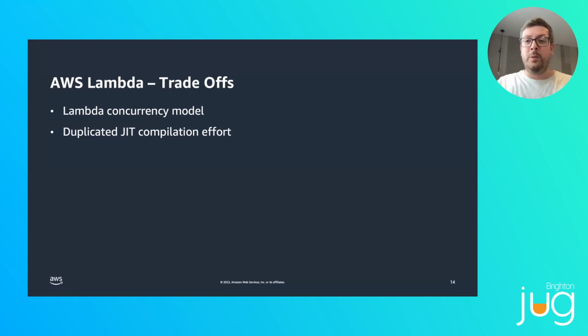So typically when you work with Java, there's a period of time where it's learning about the application and finding hotspots in the application, and then those hotspots are compiled really well, and you achieve fantastic performance. So the trade-off with Lambda is that you get more virtual machines, more JVMs, and more periods where the just-in-time compiler is working hard to optimize your code. So that is a bit of a problem, but there's a really interesting piece of technology that is also looking to address this space.